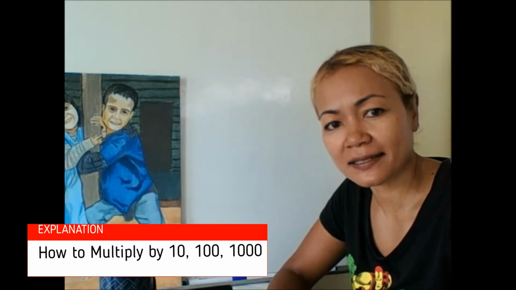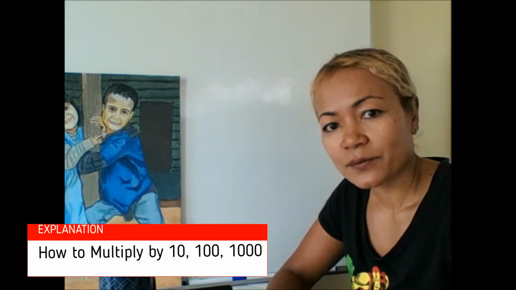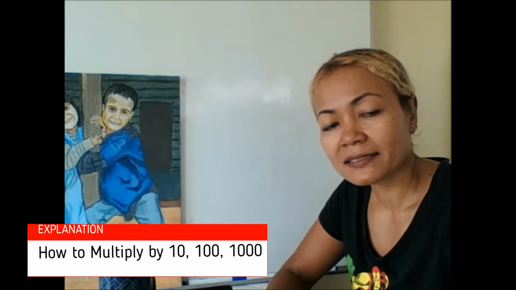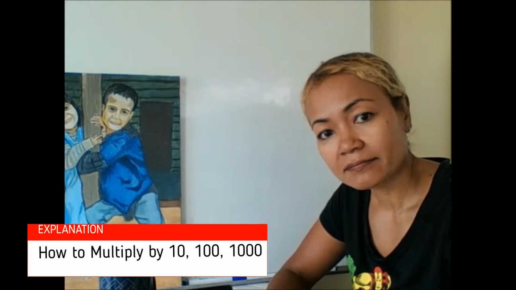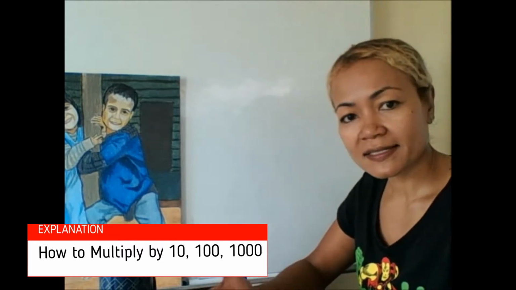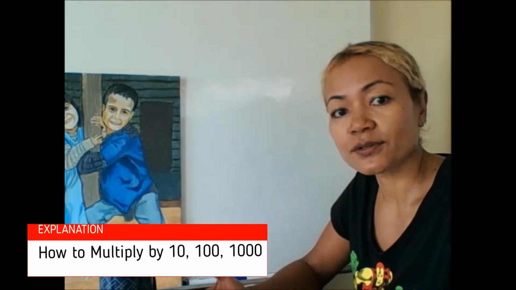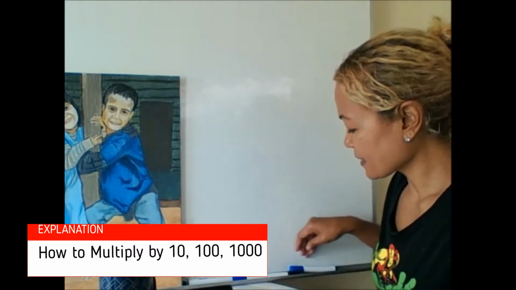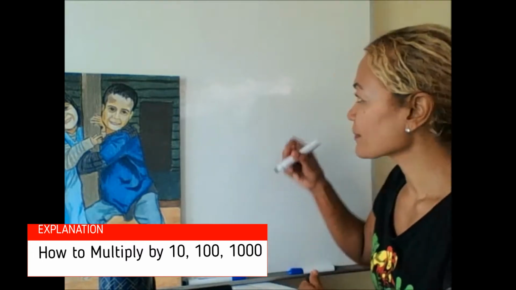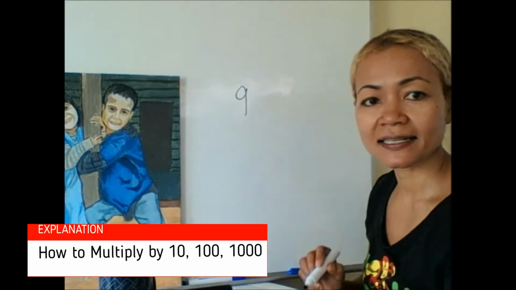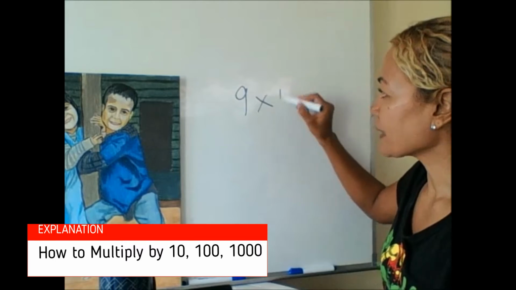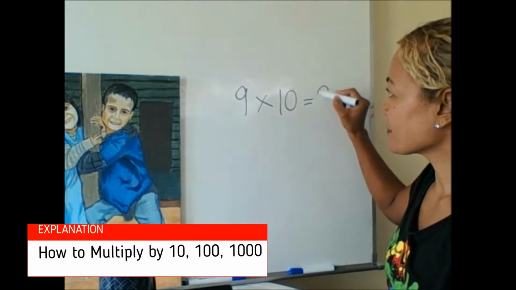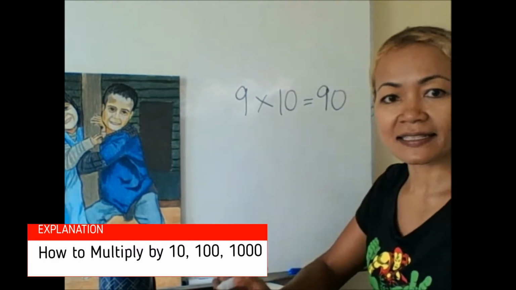But if we just look at the number 10 and we multiply that by any number, one of the things that you will see is that all you're doing is adding a 0 onto the end. So for example, if I have the number 9 and I multiply it by 10, then the number is 90.